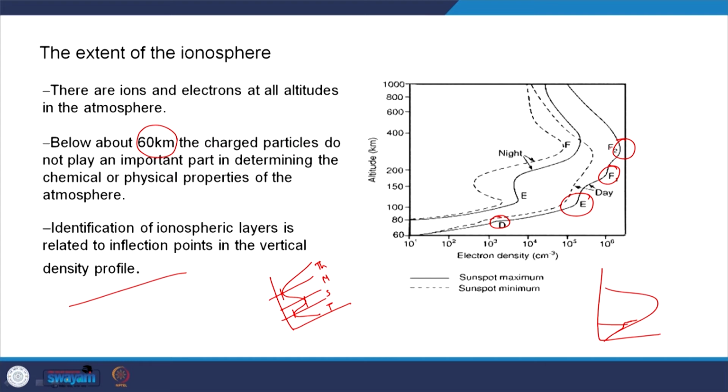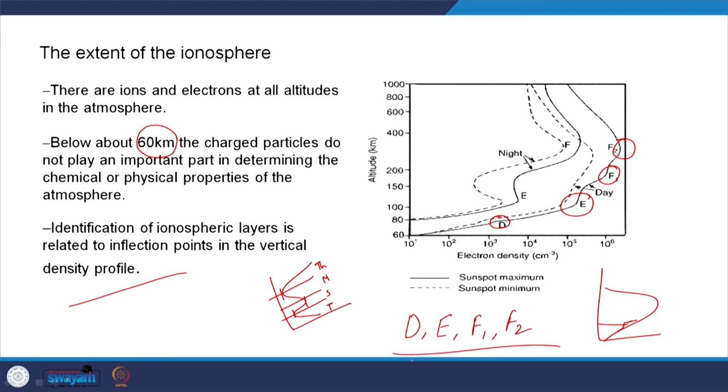Okay, so this is the basic idea. Why should you call these layers a layered profile instead of a single profile? Why should you name D, E, F1 and F2? Now the most important thing is, if you want to look up some books or resources, why should these layers be called D layer, E layer, F1 layer and F2 layer?